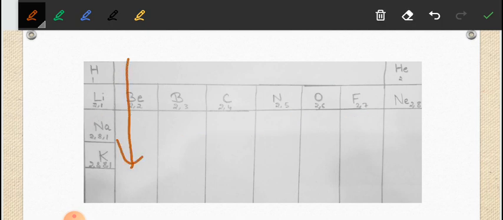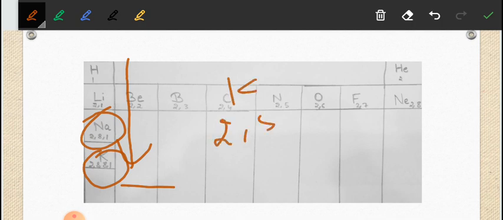But as we move down the group, we know the number of shells increases and nuclear charge decreases. If nuclear charge decreases, how can a nucleus attract other elements' electrons? Again I'm repeating, if nuclear charge decreases, in the case of potassium, how can it attract the other elements' electrons so that it can gain 7 electrons? Because potassium's atomic number is 19, with configuration 2, 8, 8, 1.